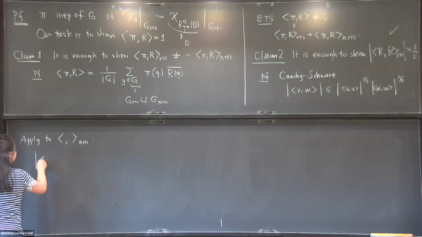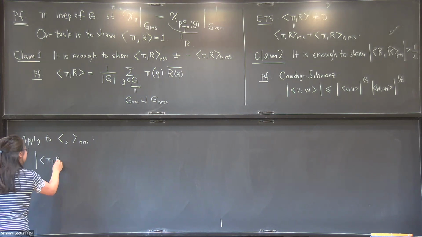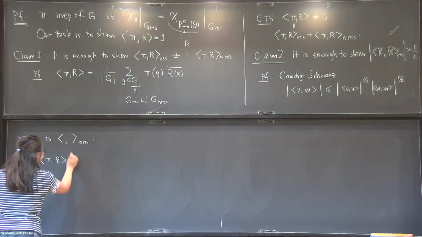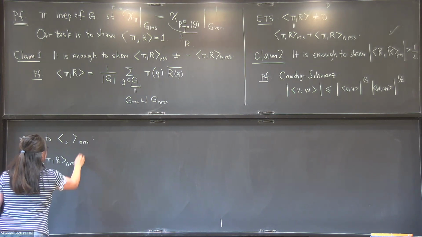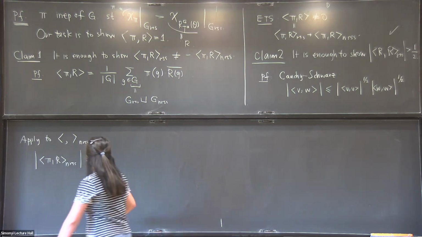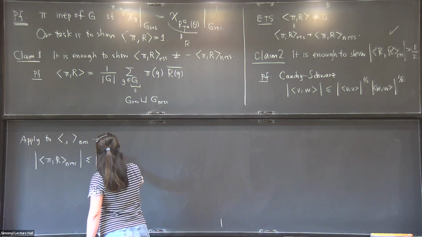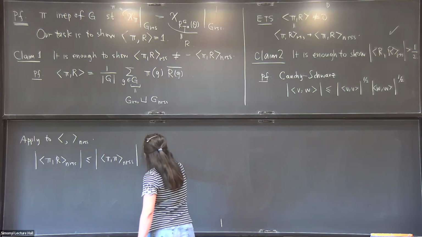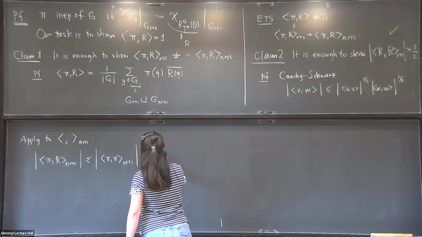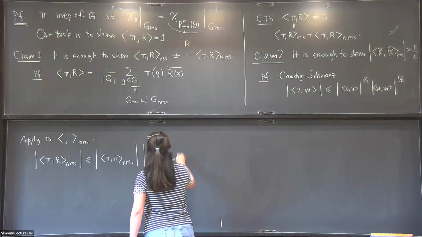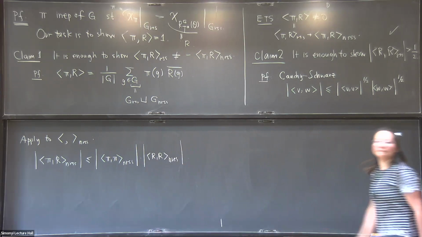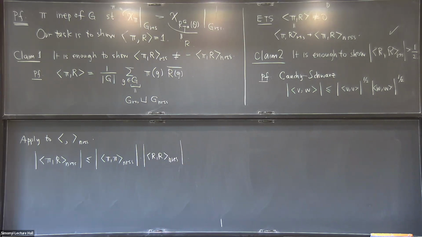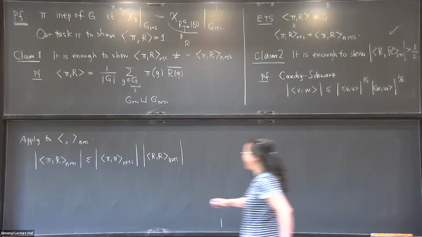This says that my unknown thing with my known thing on the not regular semi-simple part is bounded above by pi, the unknown thing, not regular semi-simple part, times r, and the not regular semi-simple part. Square roots. Yes, very important.